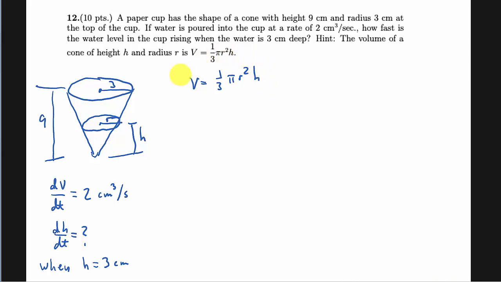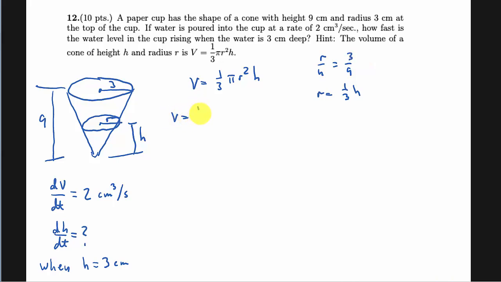So let's get our volume function all in terms of h. How can we do that? Well, we've got similar triangles. We know that r over h is equal to 3 over 9, and so r is equal to 1/3 h.